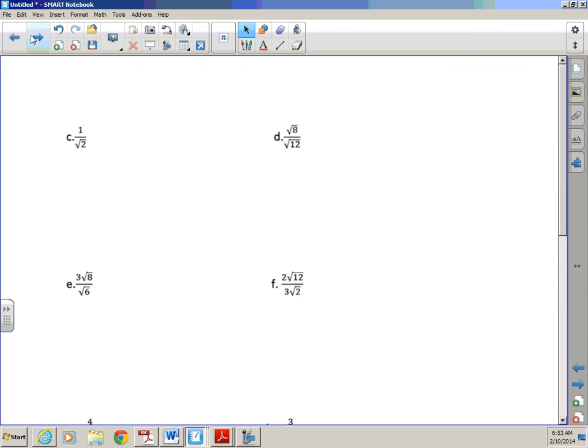Now, if we look at the next one, 1 over radical 2, nothing in the radical 2 is a perfect square. When we say we want to rationalize the denominator, it means we don't want a radical left in our denominator, because that is a final answer that is not a perfect square.